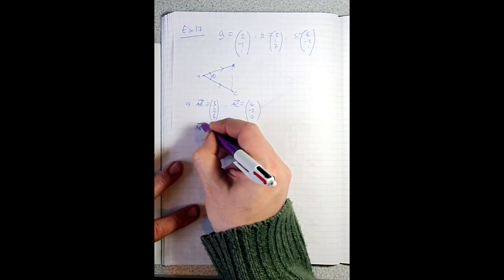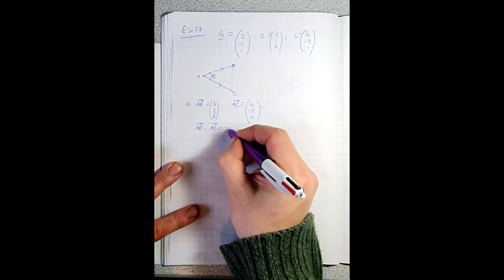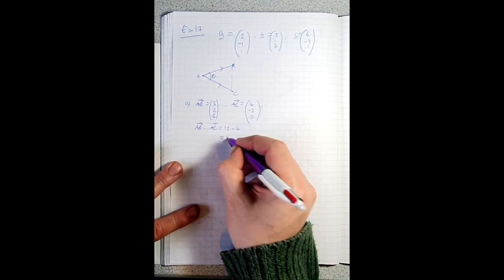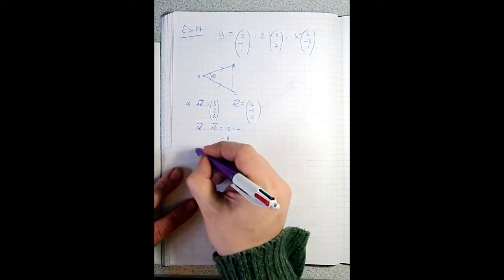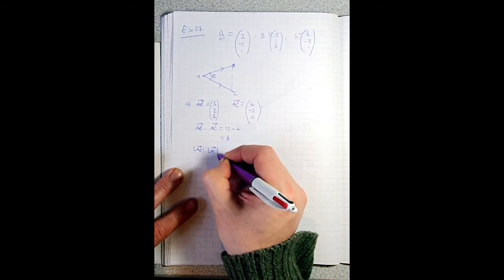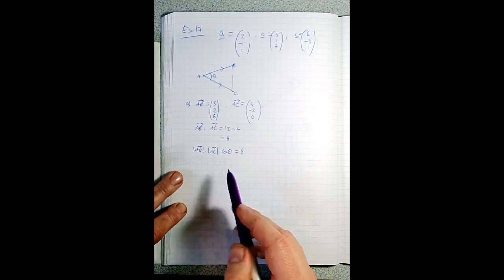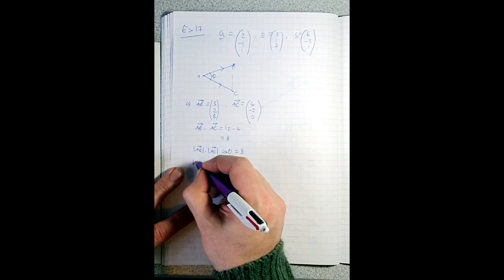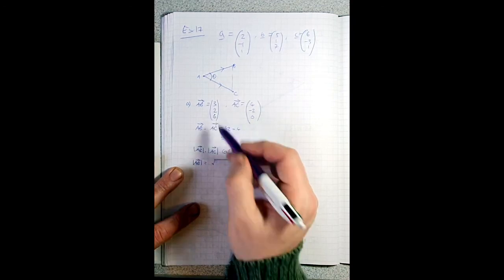So AB dot AC is 3 times 4, 12, 2 times -2, -4, 6 times 0. So AB dot AC equals 8. Mod AB times mod AC times cos theta equals 8. So I'm going to use the other definition of the dot product. Mod AB is the square root of 9 plus 4 plus 36.